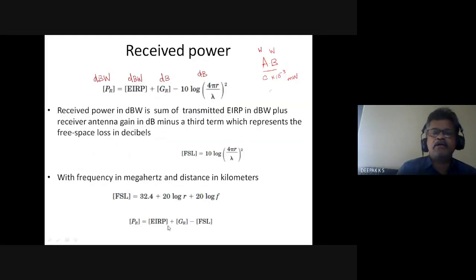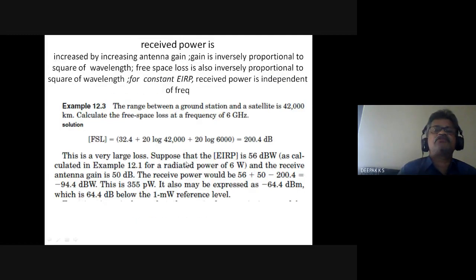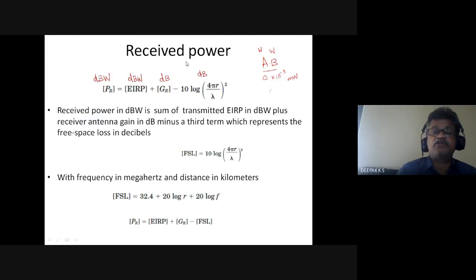So here you can note that received power is increased by increasing antenna gain. The gain of an antenna means the ability to concentrate the signals. The directivity, etc., represents the gain.